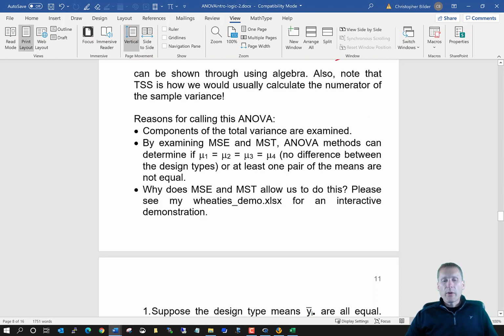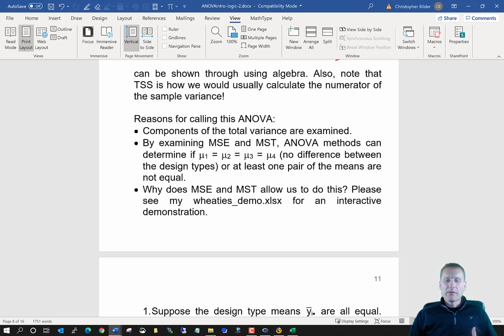Okay, so reasons for calling all of this ANOVA, analysis of variance. I know analysis of variance isn't spelled ANOVA, but you can see where the AN comes from analysis, for example, and the VA comes from variance. Anyway, so the reason why we call this analysis of variance is that what we're doing is looking at components of the overall total variance.